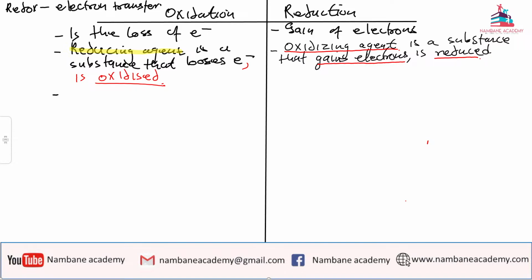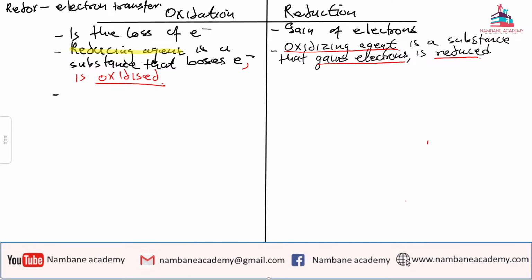So it is very, very important. If one cannot identify an oxidation reaction or a reduction reaction, ladies and gentlemen, we are not going to have the correct answers or even the correct approach.